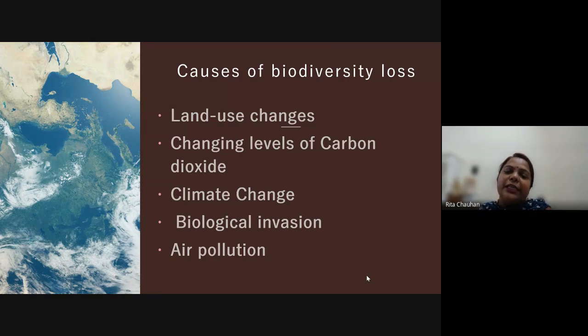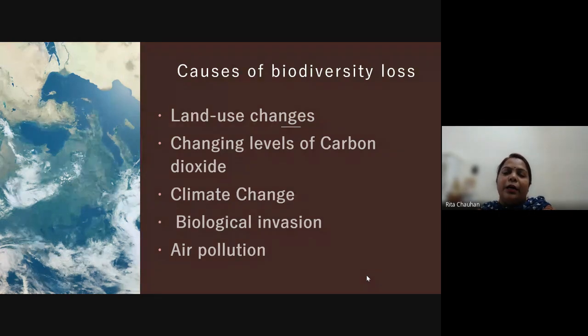The fourth reason is biological invasion. Biological invasion is a process, as the name suggests, where we use a biological agent to change biodiversity.